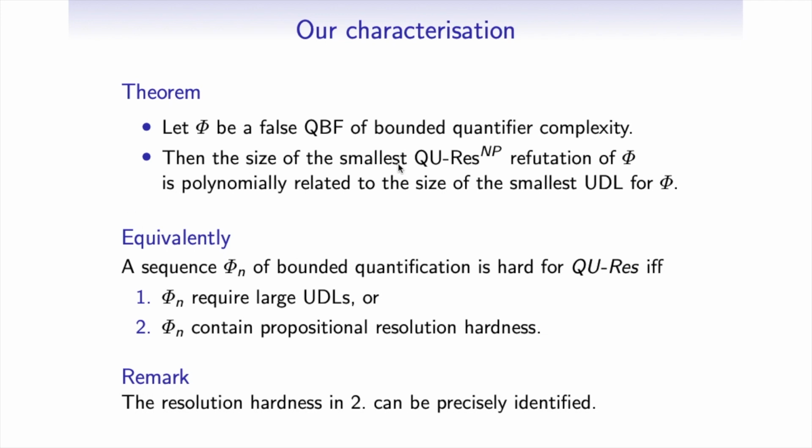Then the size of the smallest QU-resolution refutation, even with an NP oracle, is polynomially related to the size of the smallest UDL for that QBF. So there's a polynomial equivalence between the size of the smallest UDL and the size of the smallest QU-resolution refutation with an NP oracle, provided that the QBF is bounded.